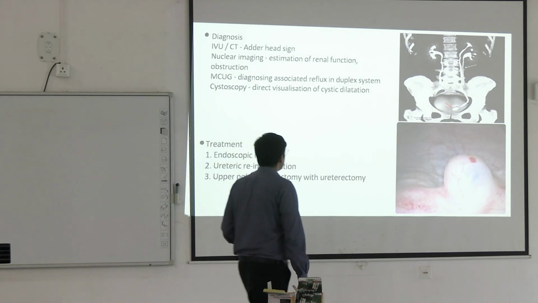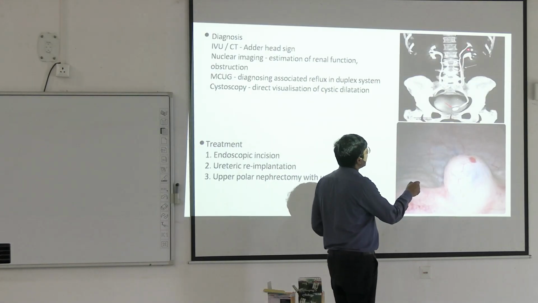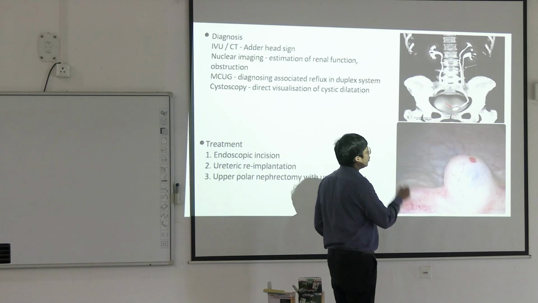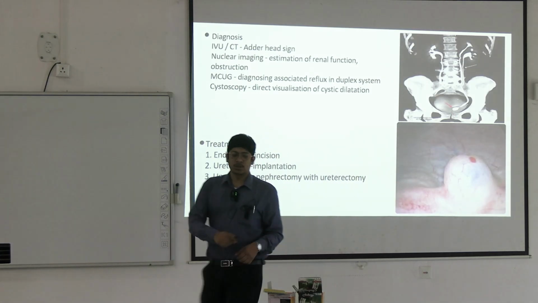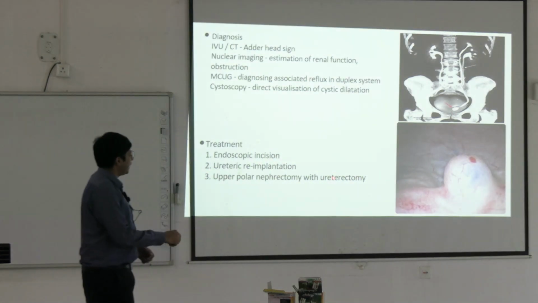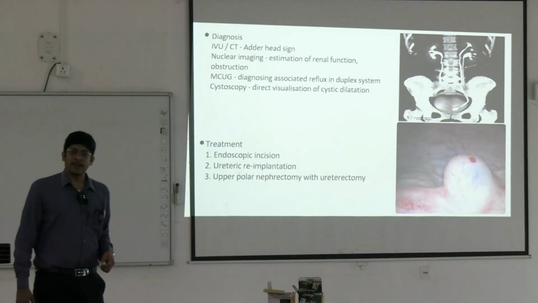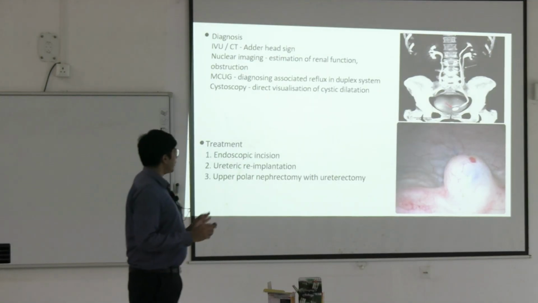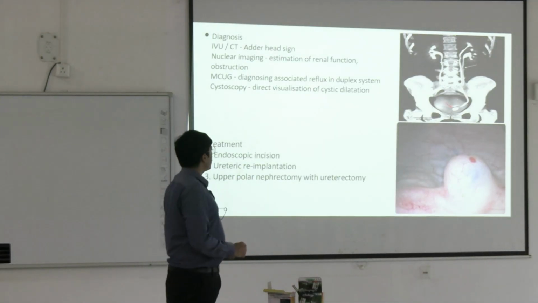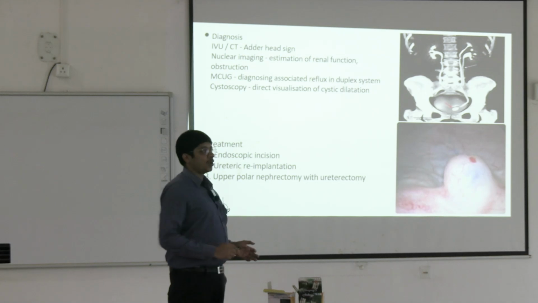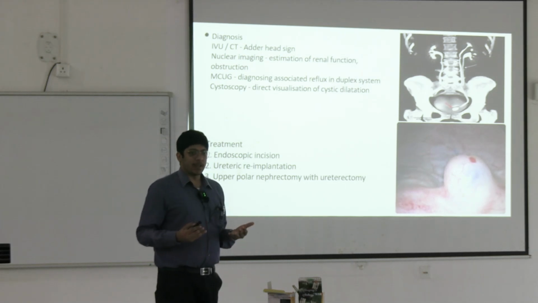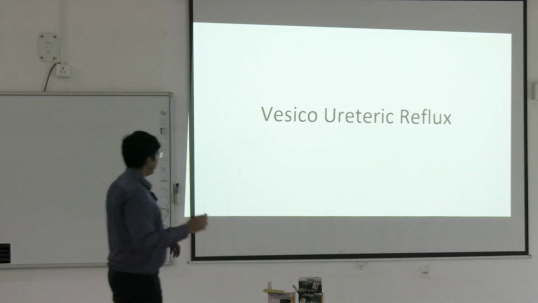So, at that time we decide to remove the entire affected half of the kidney, ureter up to the ureterocele. So, that operation is called upper polar nephrectomy with ureterectomy. Clear? So, this was in very brief about ureteroceles and how to assess them, how to manage them.